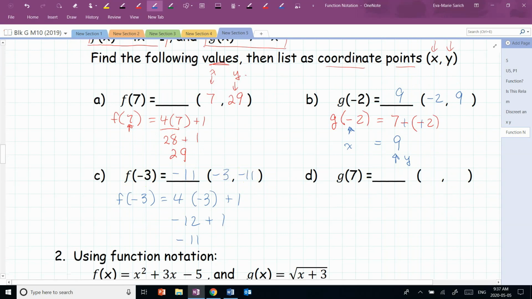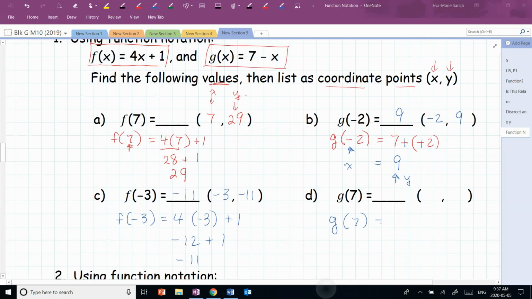All right. Let's look at the last example of this type. So we're looking at the g of x, where the x is 7. So for g of x at 7, it's going to be substituted in. 7 minus, and then in brackets 7, and then 7 minus 7 is equal to 0.